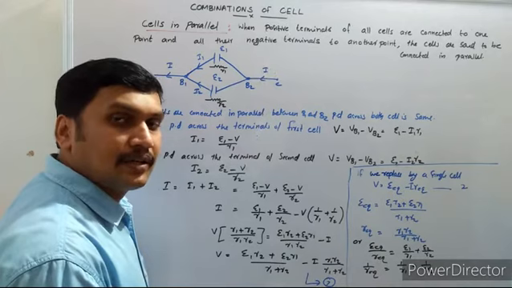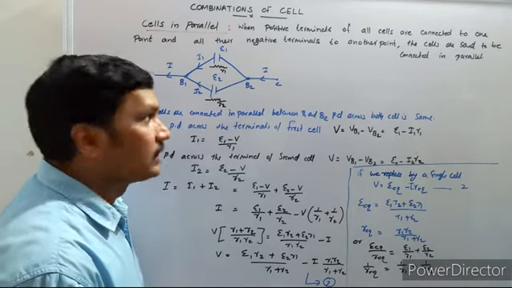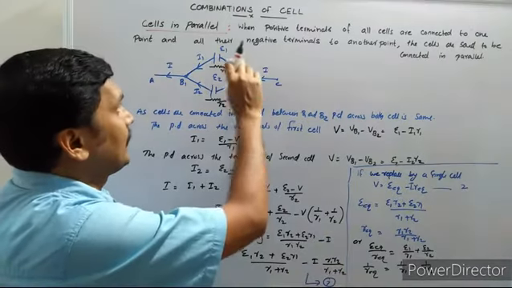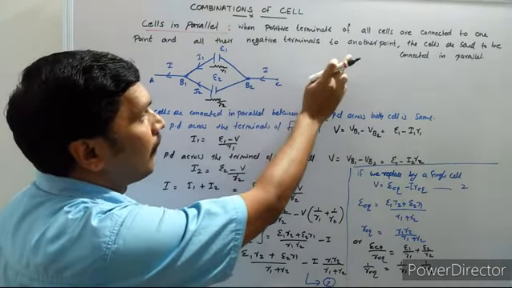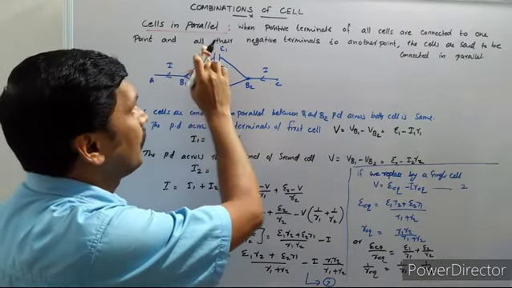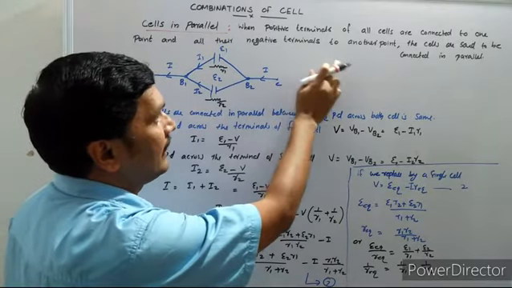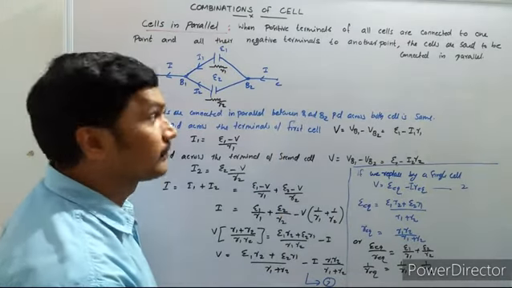Now let us see what is the parallel combination of cells. In parallel combination, when positive terminals of all cells are connected to one point and all their negative terminals to another point, the cells are said to be connected in parallel.